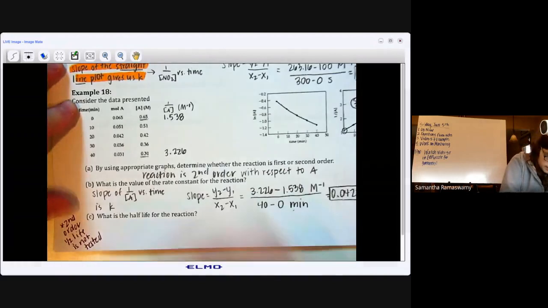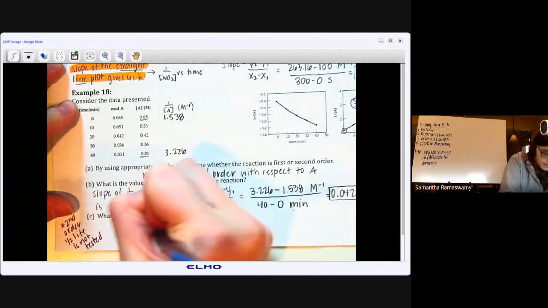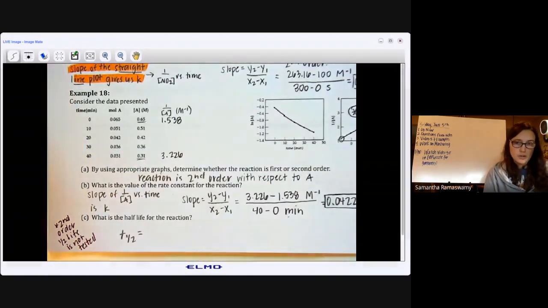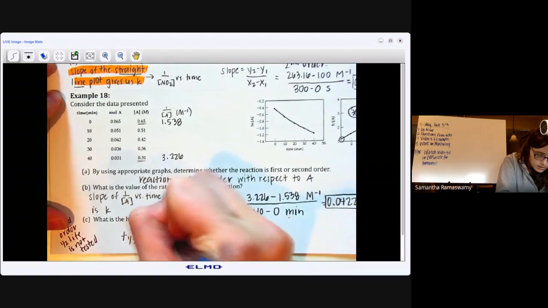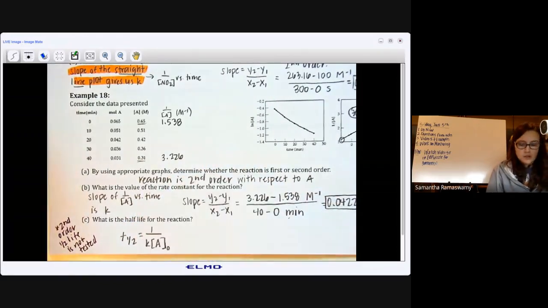So the equation for half-life of a second order process, you need to know first order. Half-life of a second order process is 1 over K times the initial concentration.